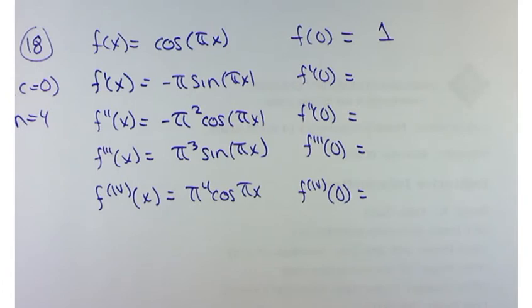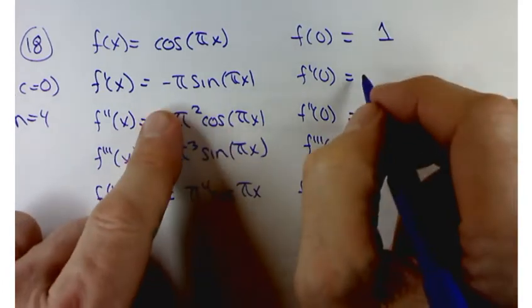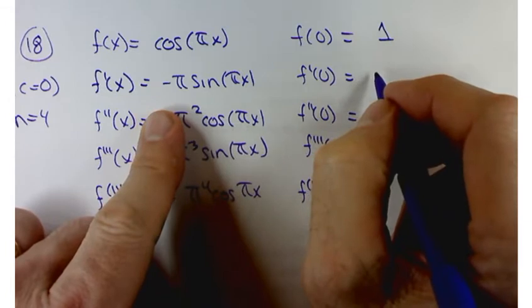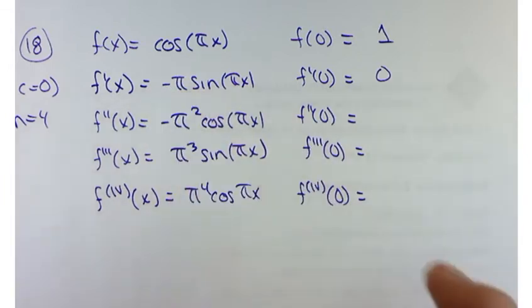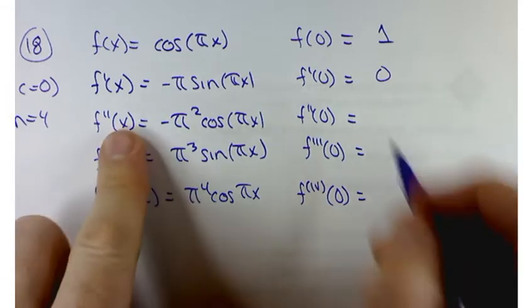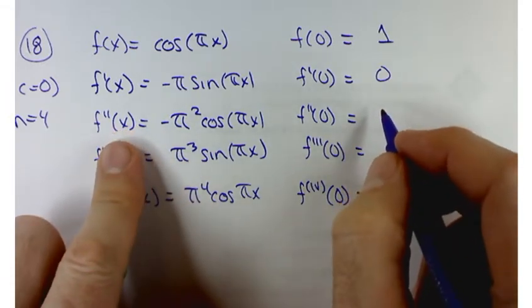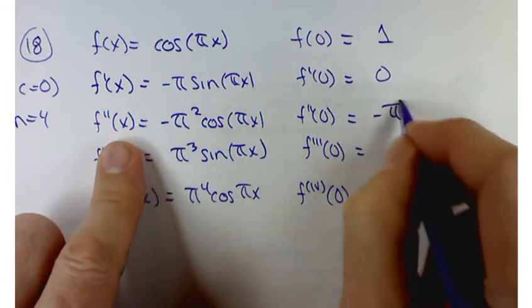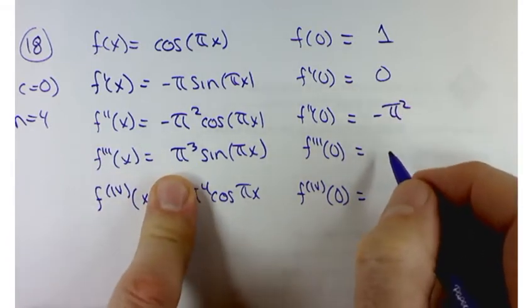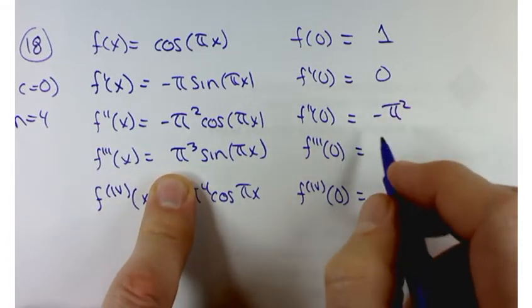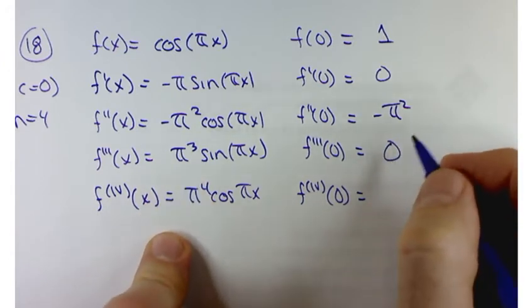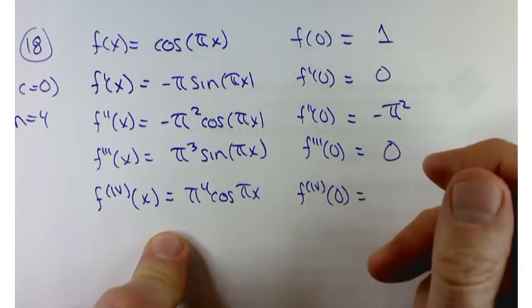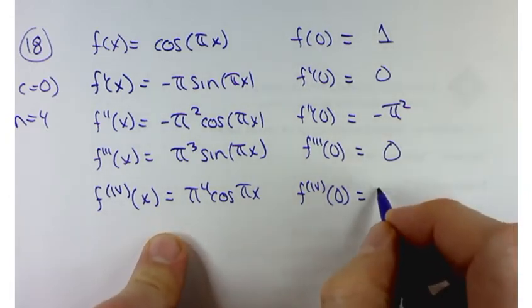How about f prime of 0? Zero, because sine of 0 is 0 times negative pi is still 0. F double prime of 0? Minus pi squared. F triple prime? 0. And f fourth prime, pi to the 4th.